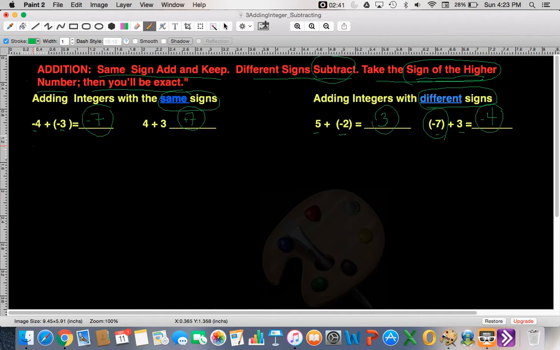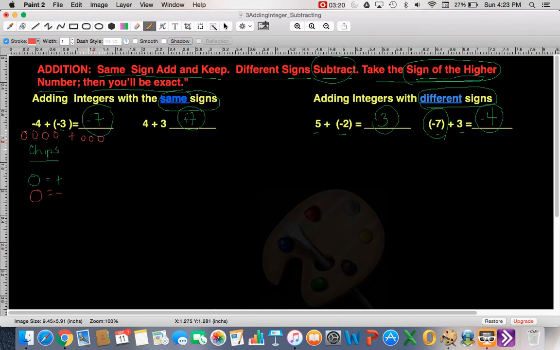When you're going to use chips to model your answers, green is positive and red is negative. Okay, so let's take a look at this example. -4, 1, 2, 3, 4, plus -3, 1, 2, 3.